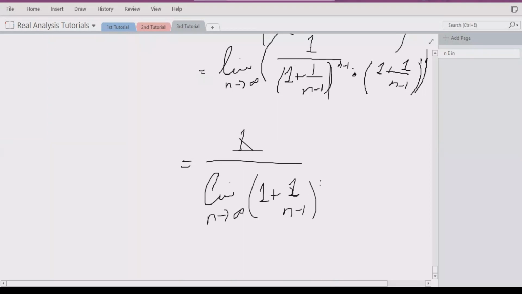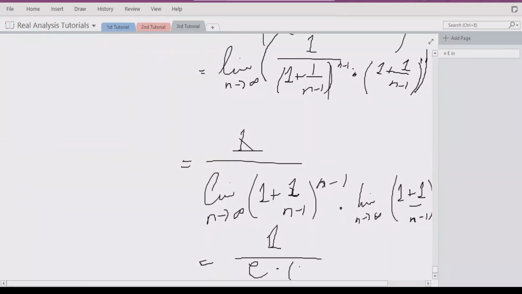Then 1 plus 1 over n minus 1 to the power n minus 1, times, again applying the limit, 1 plus 1 over n minus 1. Now we know this is 1 divided by e, times the limit 1 plus 0, which is 1, which equals 1 over e.